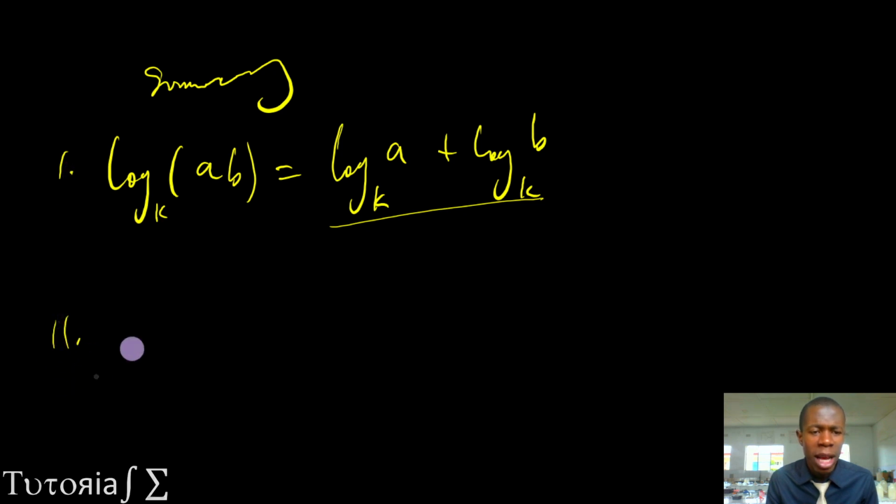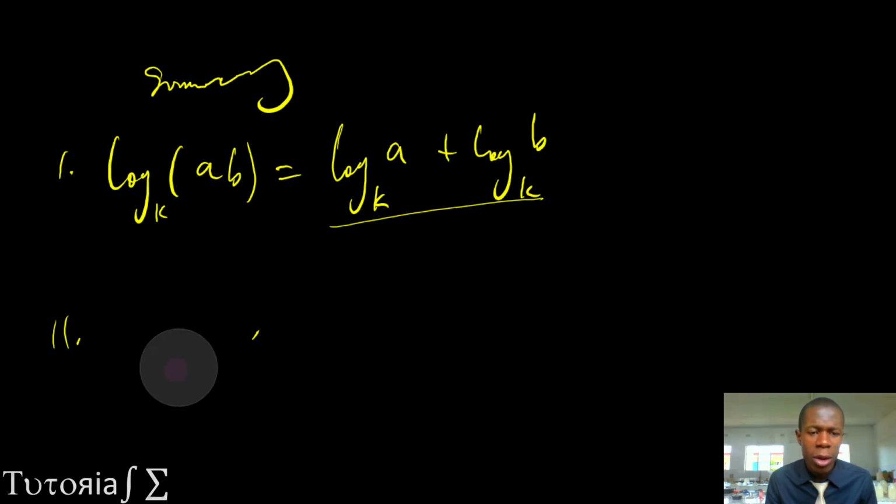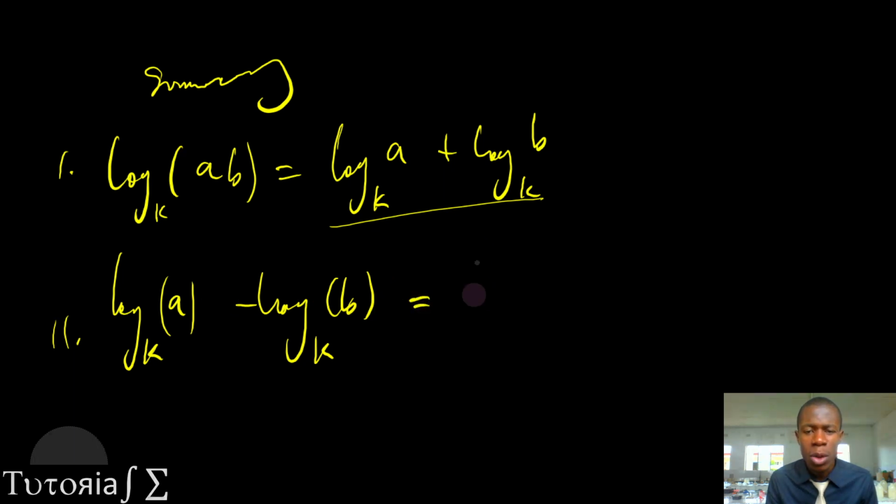The second one that we had was if you have log of a divided by b to base k, or we can start with the opposite. So if you have log of a base k minus log b base k, since these are the same base and they are subtracting, this is equal to log.